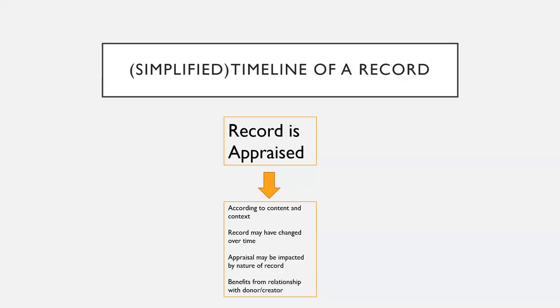This appraisal stage by archivists can really benefit from a relationship between the archives and the person that created the record, or I guess you could add in a person that used the record. This can help archives understand the content of the record, and if the content of the record is important, if it is relevant to an important function that the organization or the person that created and used the record carried out.